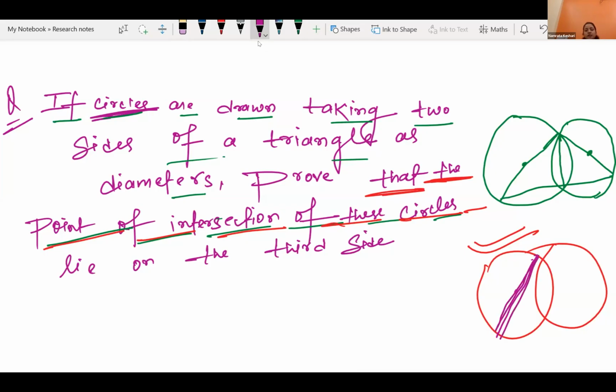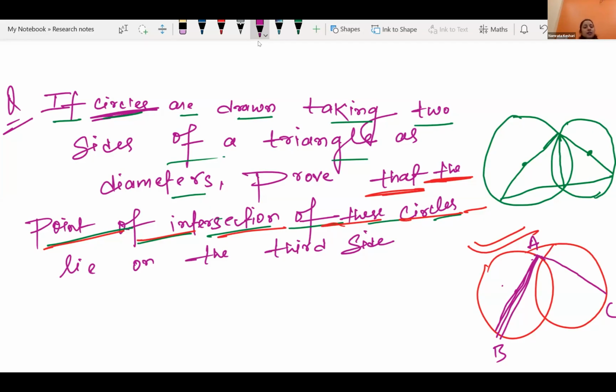In the second circle, there will be a diameter. So basically, in these two circles, we are making a triangle with the help of the diameters. One of the diameters is one of the sides of the triangle, another diameter is another side of the triangle. That's how we are having the triangle.